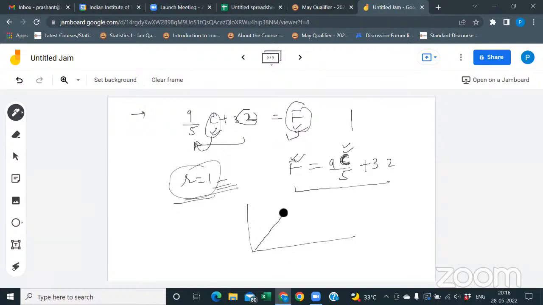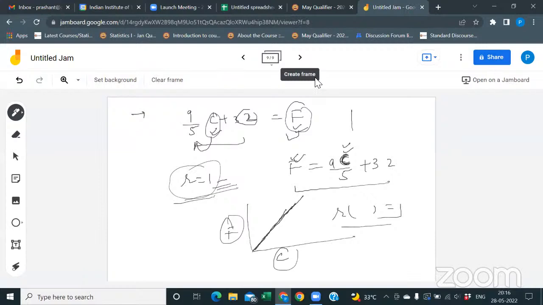So suppose your F is here and your degree Celsius is here. Linear association means there will be a linear relationship between these two. Then the correlation between these two will be 1, positive. For simplicity, you can take random values and you can calculate also.